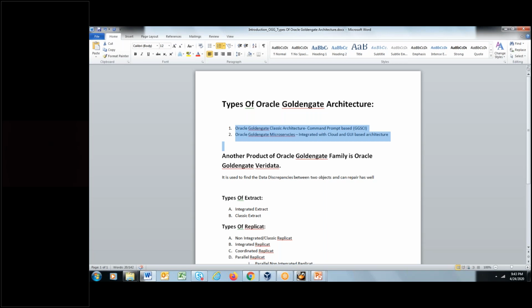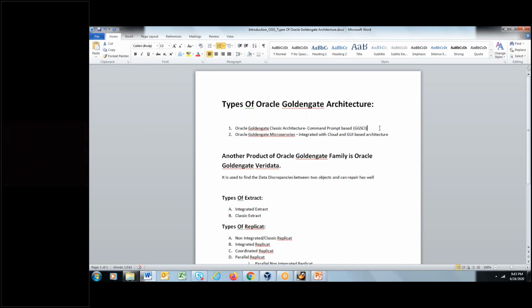Microservices is a new architecture which has been developed to allow GoldenGate cloud integration as well as GUI based configuration, setup, and troubleshooting. So now we have two types of architecture: classic and microservices.